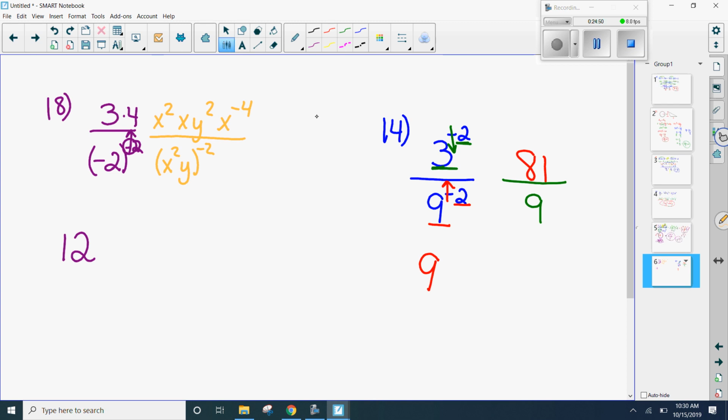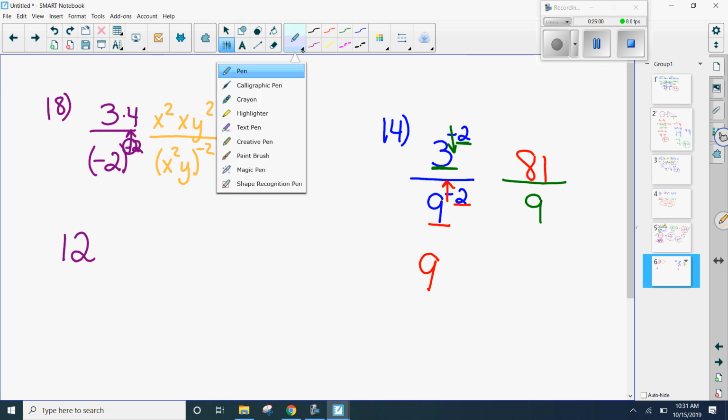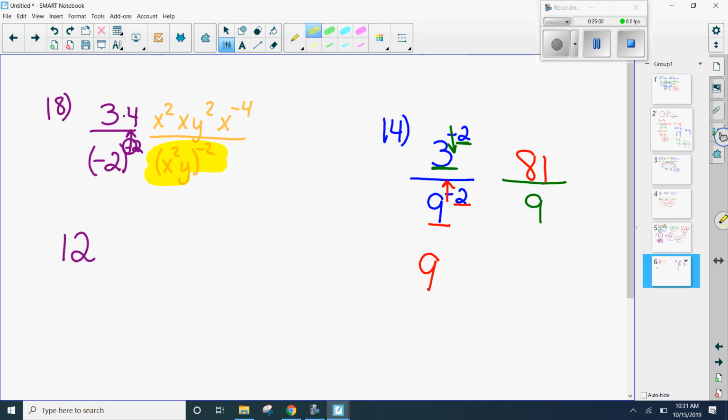There's your variables. So if you look at it, the first thing you want to do is, do you have a set of parentheses with something being raised to a power? Yep. That occurs right here, right? So if you do that first, what do you do to those exponents? What do you do to these exponents right here?